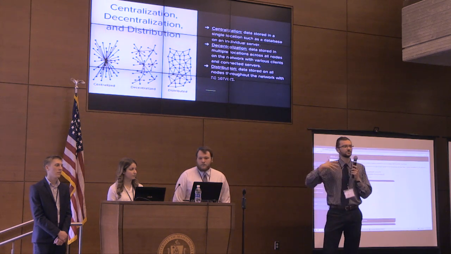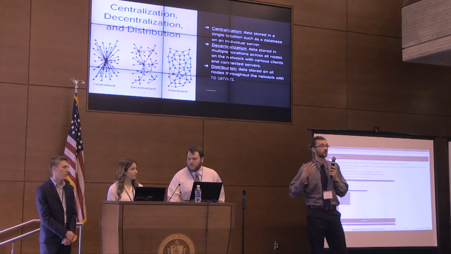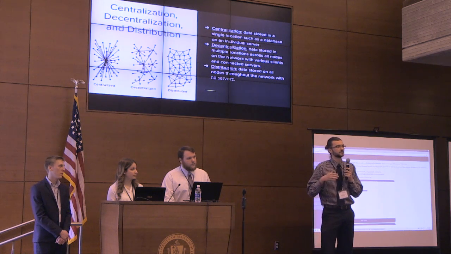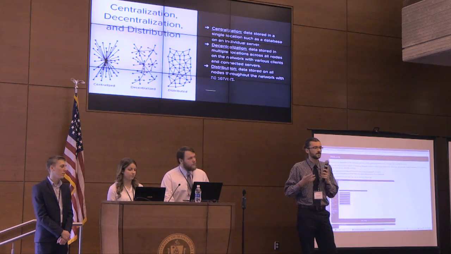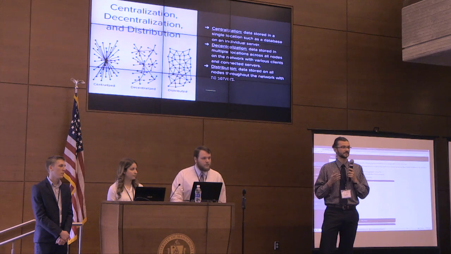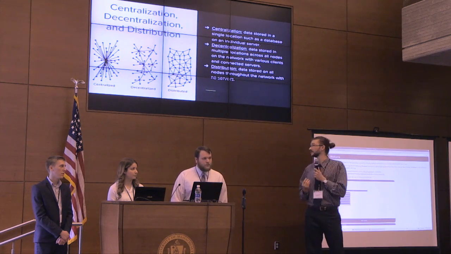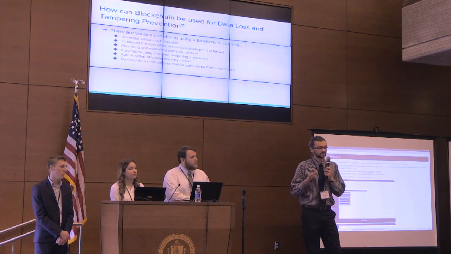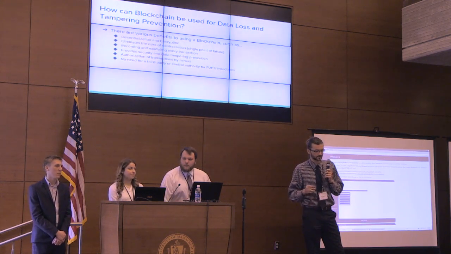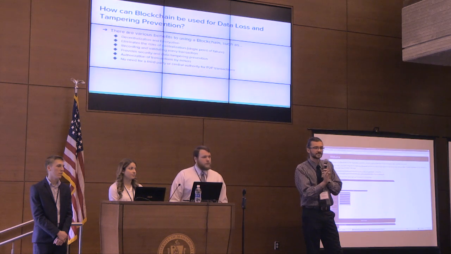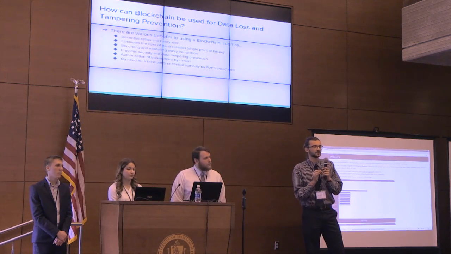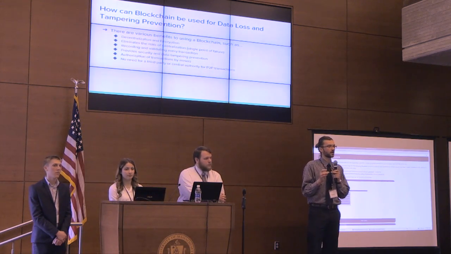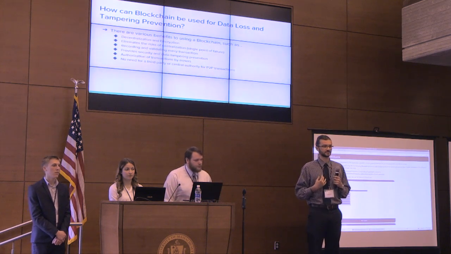So how can we use this distributed network for preventing the loss of data and for ensuring our data is tamper resistant? The reason is, there is no central authority, and no singular third party that we have to give our trust to.